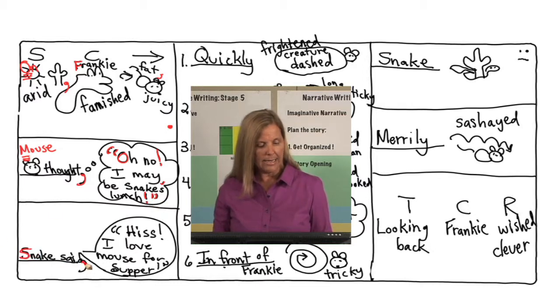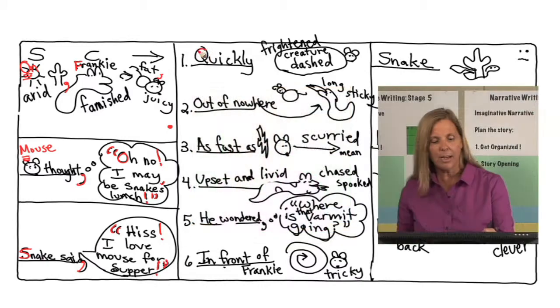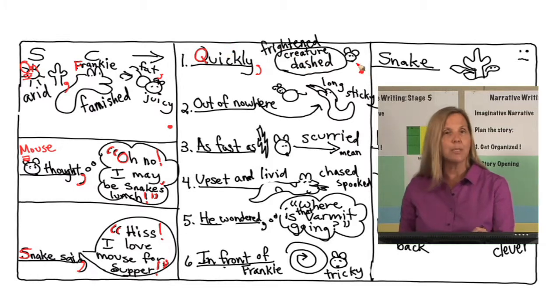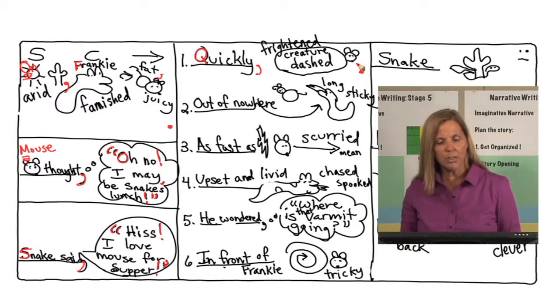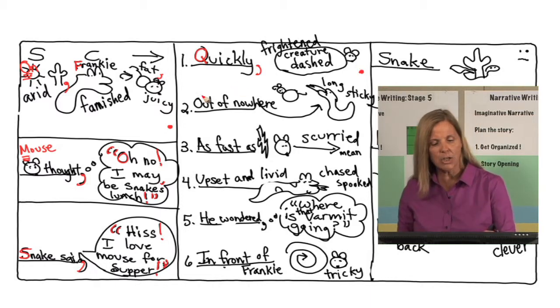Snake said, hiss. I love mouse for dinner. So notice I'm just saying the story and then I'm filling in quickly, comma, the frightened creature dashed behind a rock, period. I'm saying the sentences and adding the commas, quotation marks, periods, capitalization.